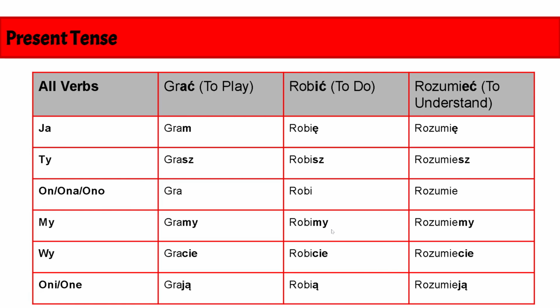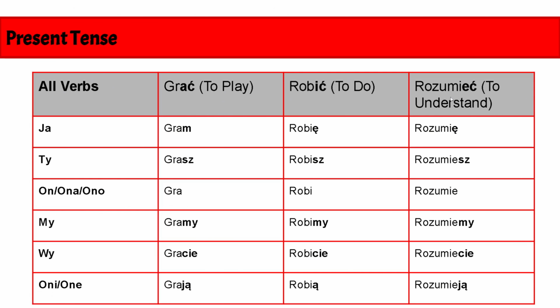My robimy. Wy robicie. Oni or one robią. No ę this time, it's just an ą. And once again, you just learned the conjugations for every other present tense verb that ends in ić and is not irregular. So every other ić verb will have an ę at the end if it's in the ja form. It will have an my at the end if it's in the my form, in the present tense.